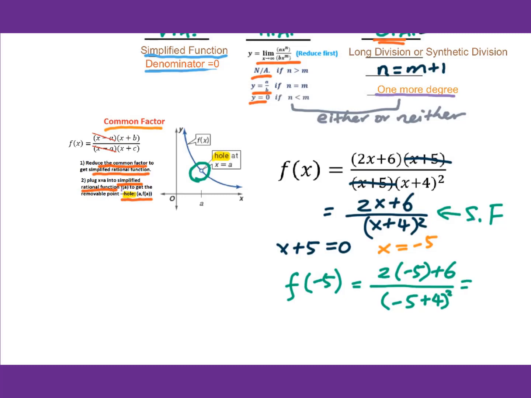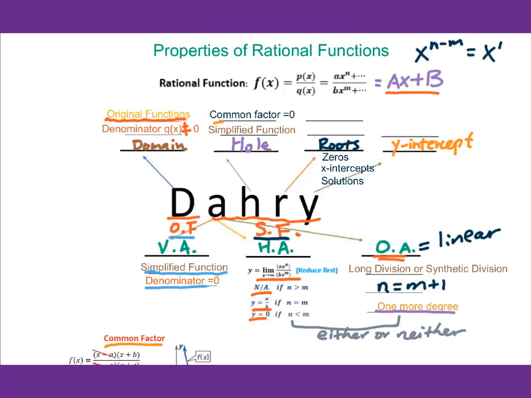That is negative 4. Therefore, negative 5, negative 4 will be the hole. Therefore, common factor will be the keyword for hole, and remember you plug into the simplified rational function.